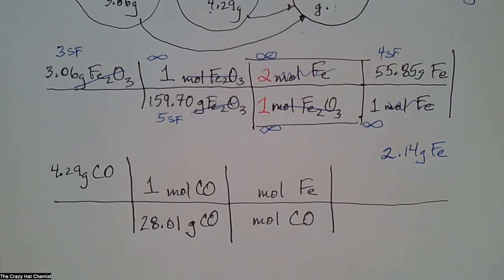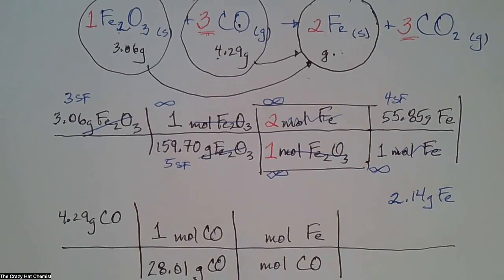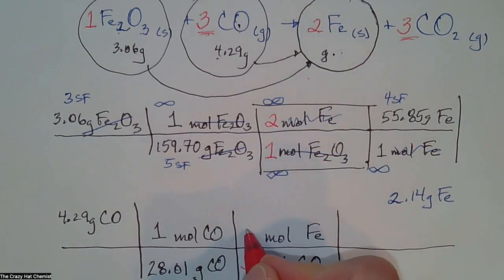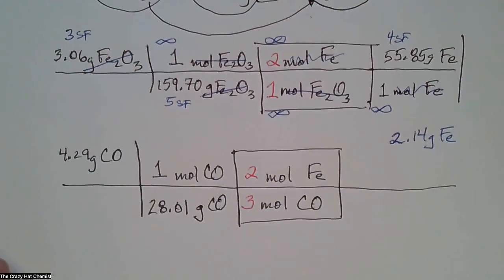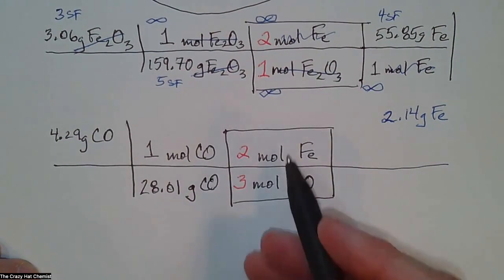Okay, and so these are the stoichiometric coefficients from the balanced equation. So I'm going to pop up this balanced equation here again. Carbon monoxide has a 3, so this is going to be a 3. Iron has a 2, so this is going to be a 2. So in this rectangular box, it's the only time that I can change the formulas is with a mole ratio. Okay. One more step.